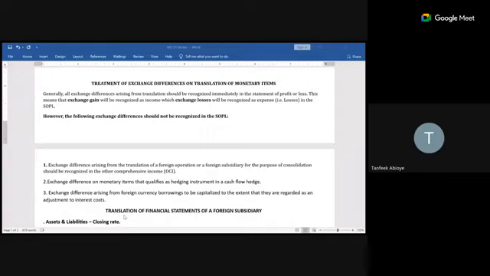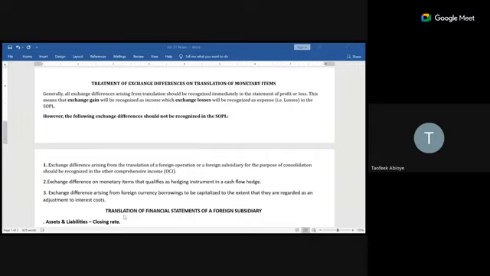Recognize in OCI. Number two is exchange difference on monetary asset that qualifies as a hedging instrument in a cash flow hedge. So that's another thing. But here, in fact, this one is IFRS 9 when we are dealing with hedging. Although I don't think I have seen a question on hedging.